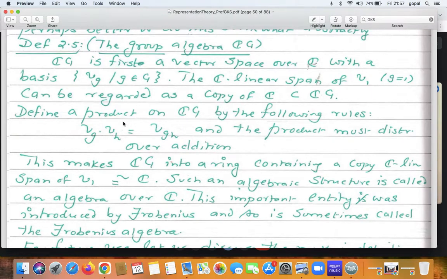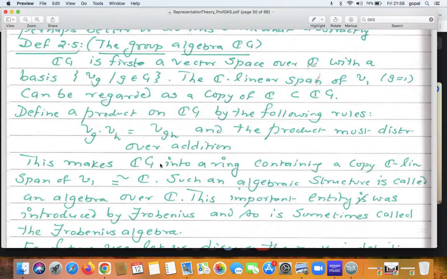It's a vector space generated by the elements of the group: for each element of the group you declare a symbol Vg, and the vector space generated by these symbols is a vector space. But I'm going to make it a ring by defining a product. Vg Vh is simply V of gh, and I demand that this multiplication distributes over addition.